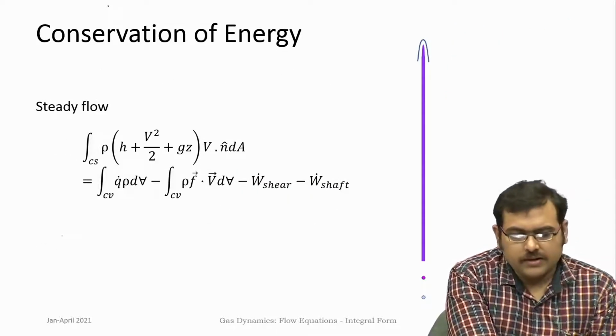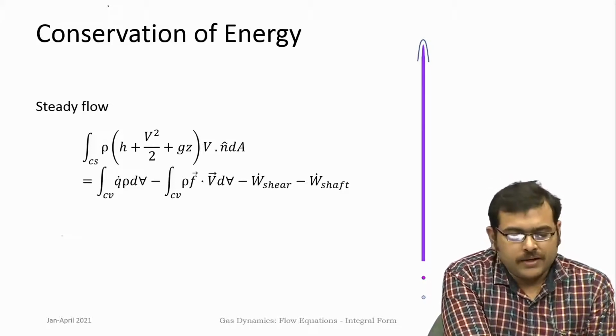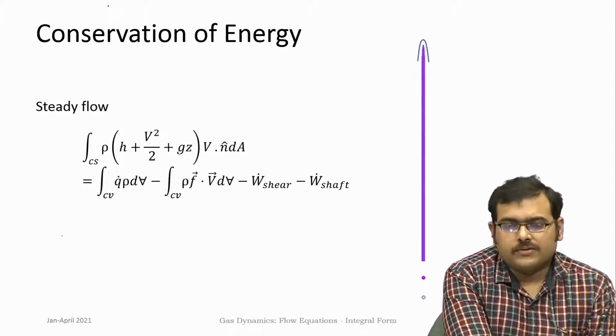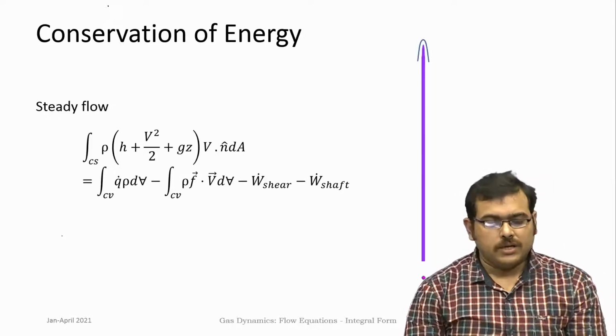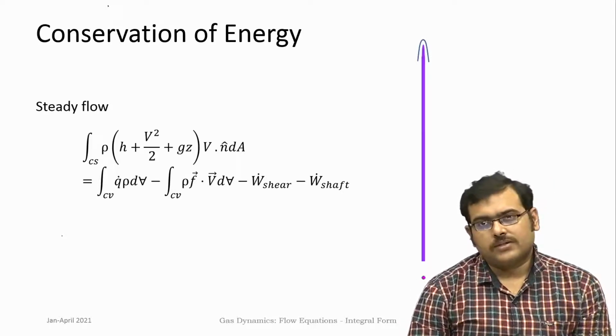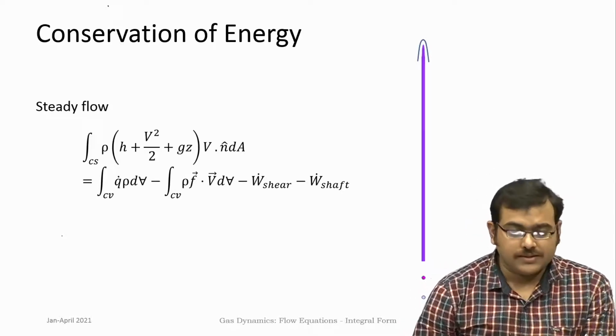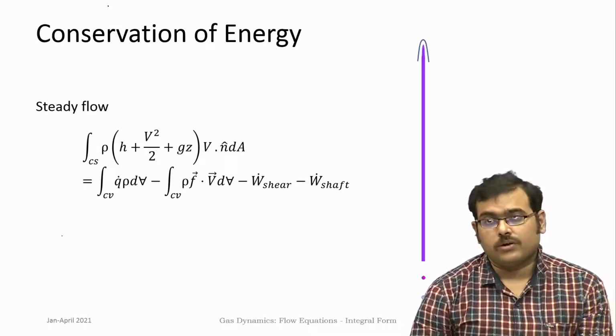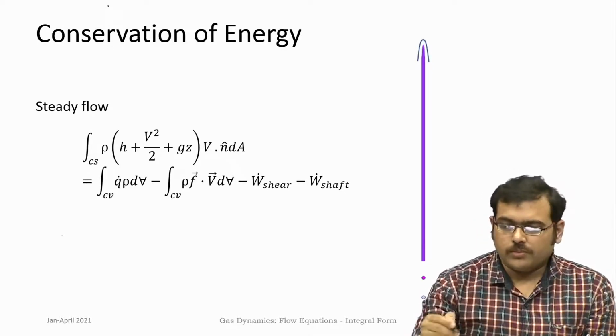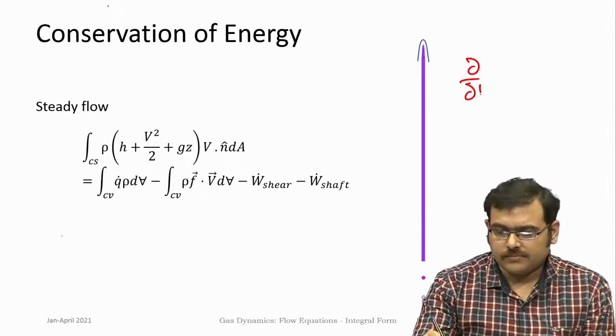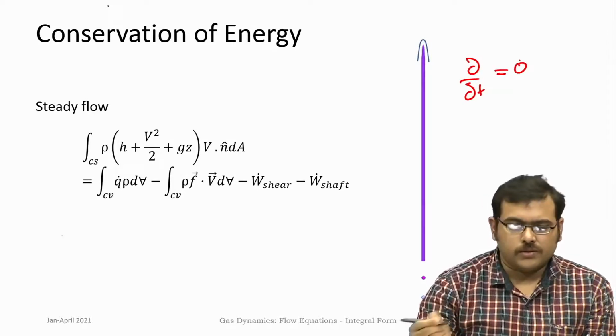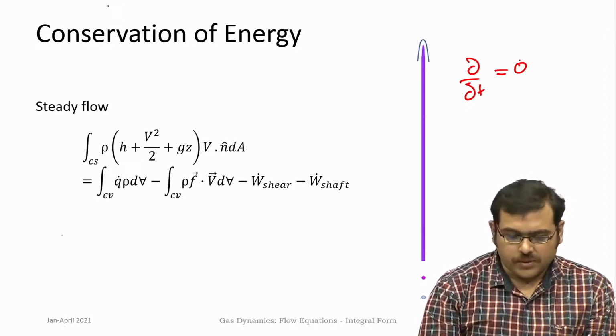Finally, when we come to a steady flow, that means the rate of change with time within the control volume is 0. So dou by dou t is equal to 0, that is the equation.